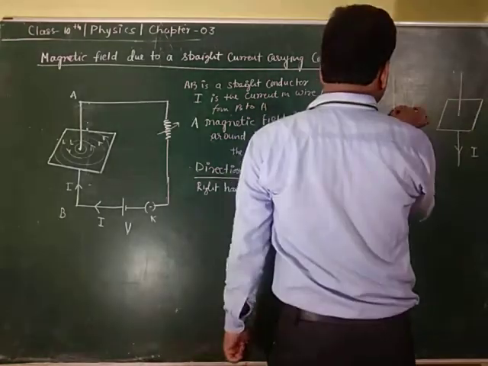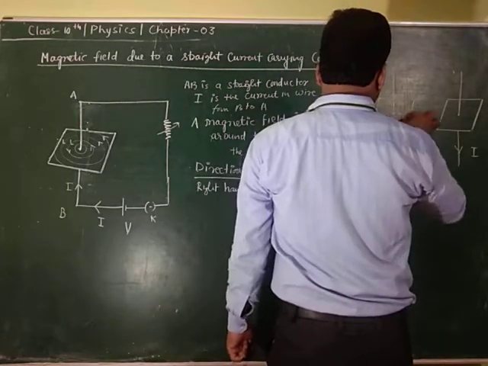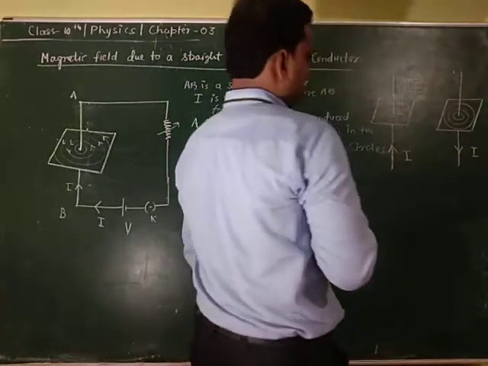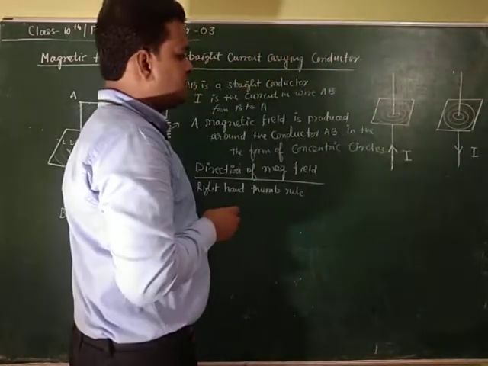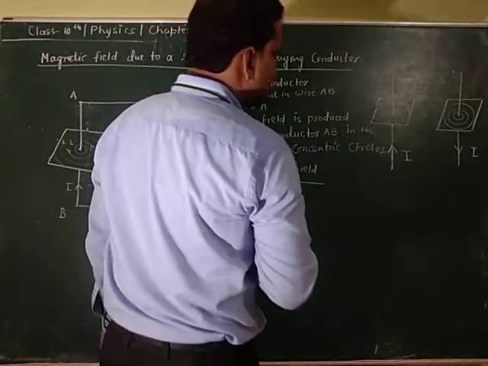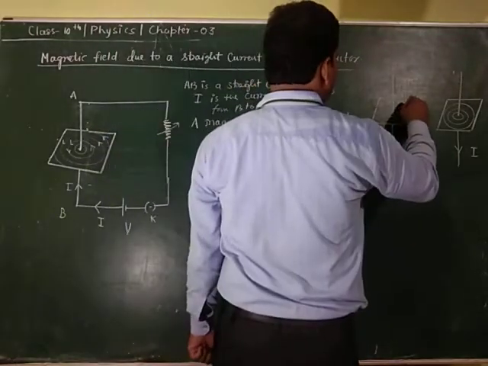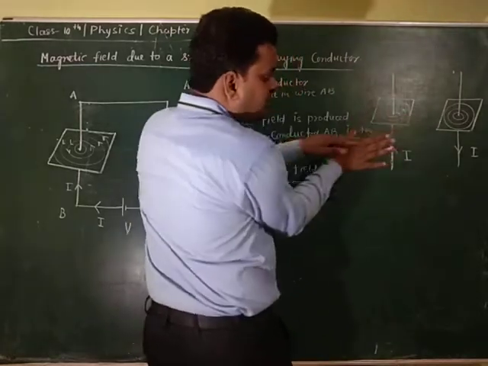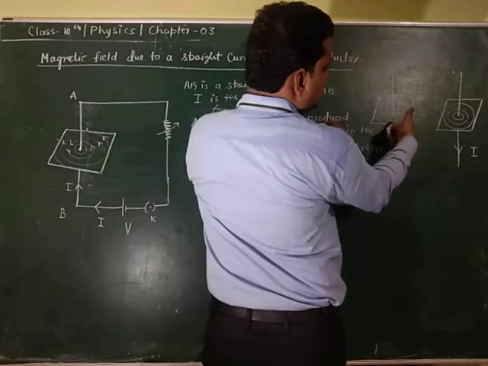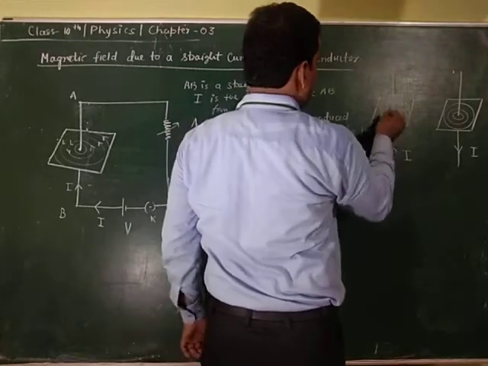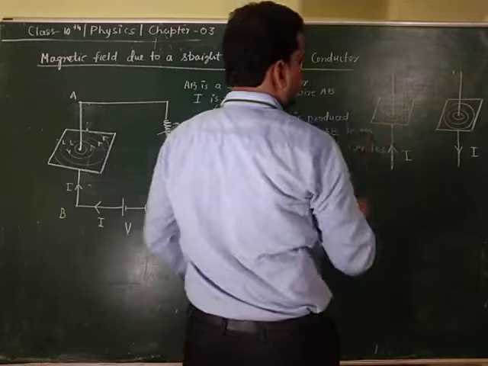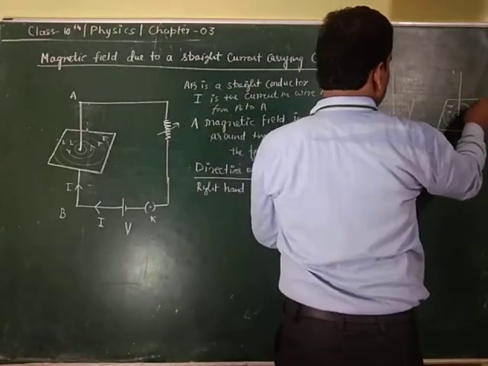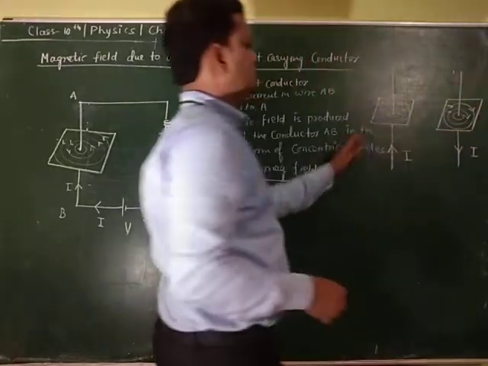So in both diagrams, the magnetic field will be concentric circles. The only difference will be in its direction. Here the direction of magnetic field will be like this, because you are holding it like this, then the magnetic field will be in this direction, in the curvature. And here it is just the opposite. This is the direction.